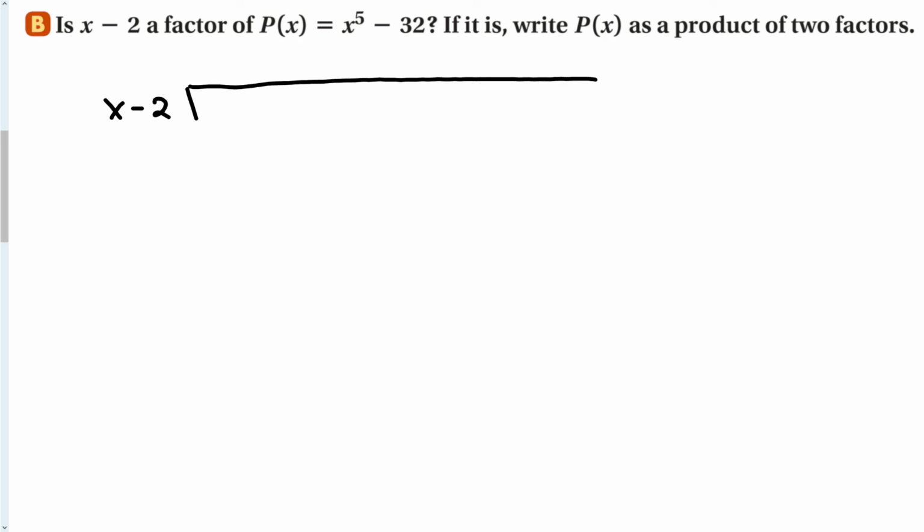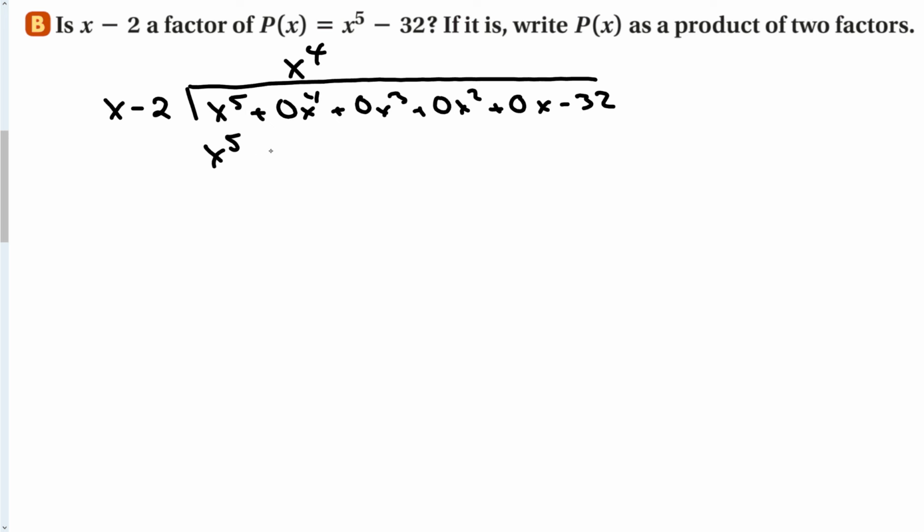Why am I putting such a big line? Because I need x to the fifth, 0x to the fourth, 0x to the third, 0x squared, 0x, and then the minus 32. Okay, divide.